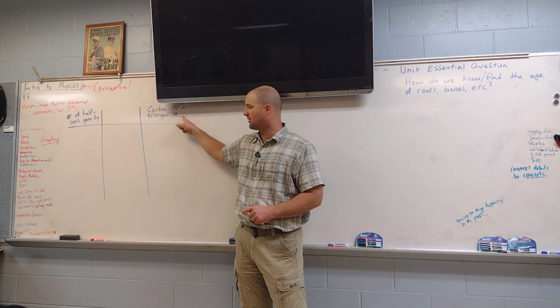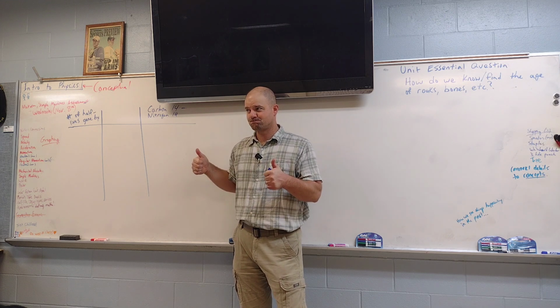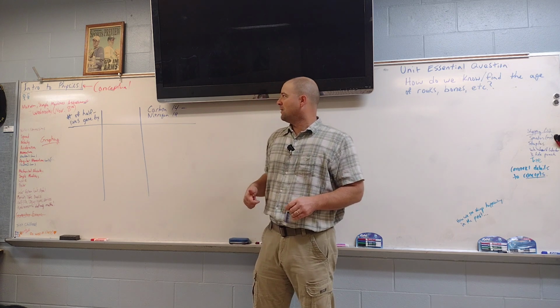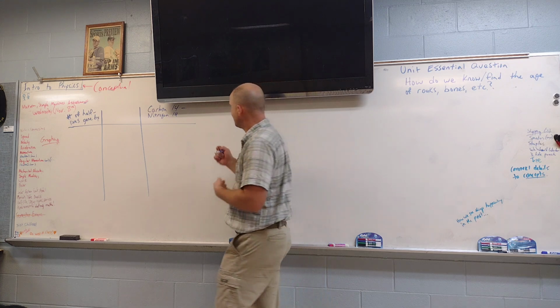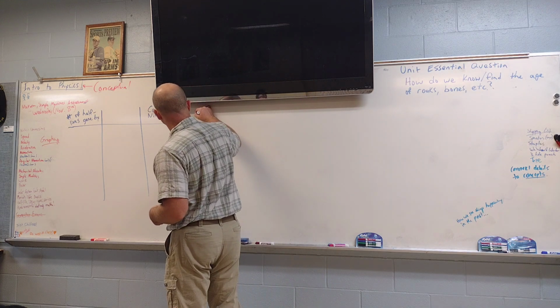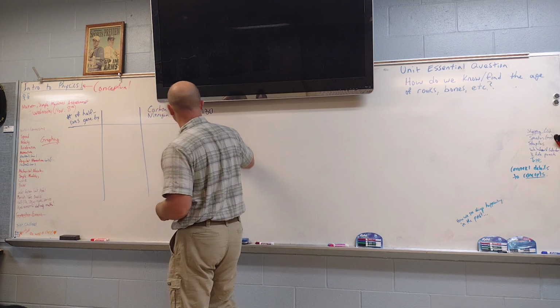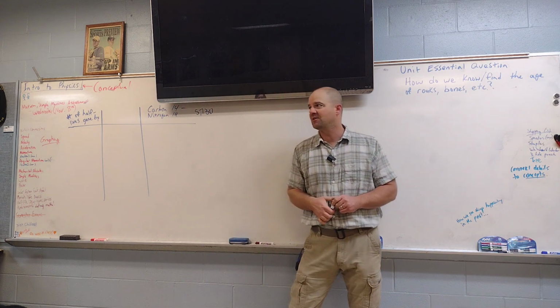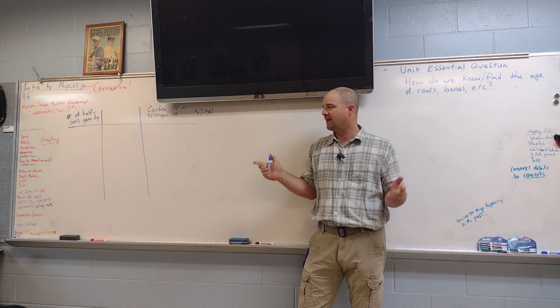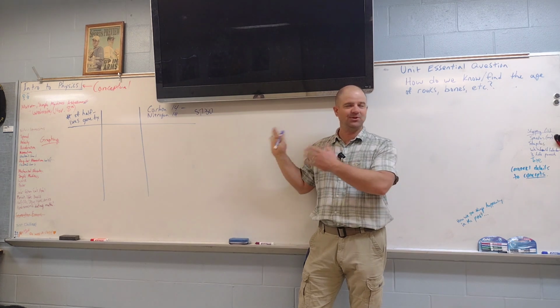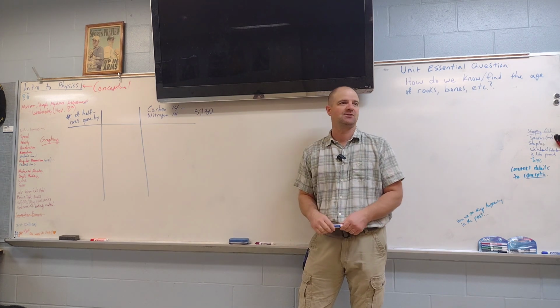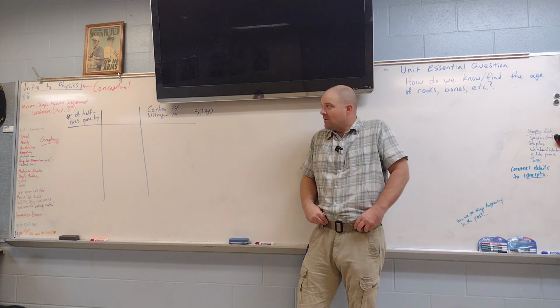So parent, daughter. Good? All right. The half-life for carbon-14 is 5,730 years. None of this, by the way, will be things that you have to memorize. We're building a chart. You're going to have the chart to use, okay?